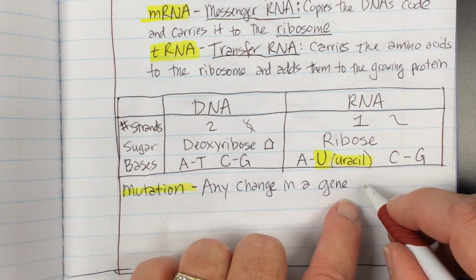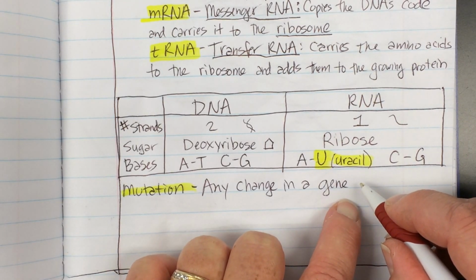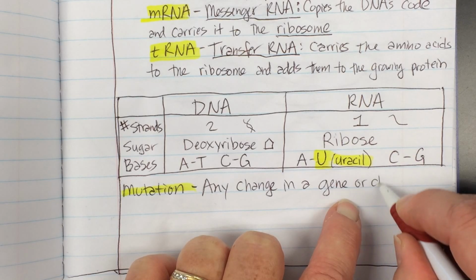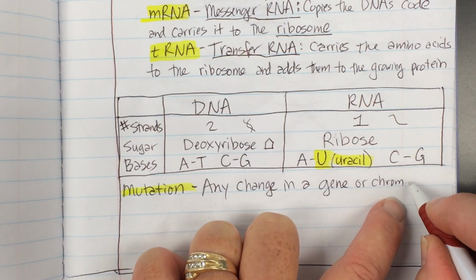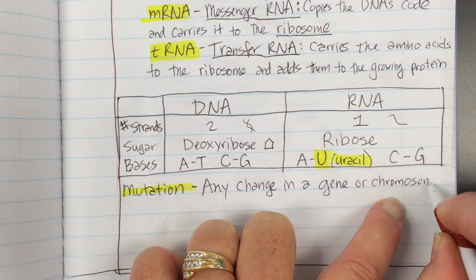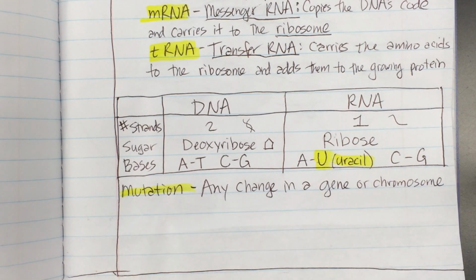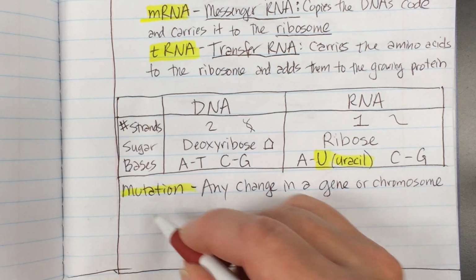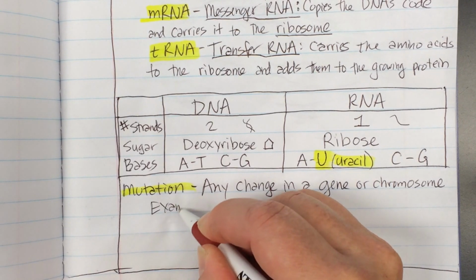Remember, that's just the pattern of nitrogen bases. A gene or chromosome, which is a bunch of genes are on one chromosome. So that change will make a different protein, and that's where either a problem or a good change can come in. So let's say we're going to do an example.